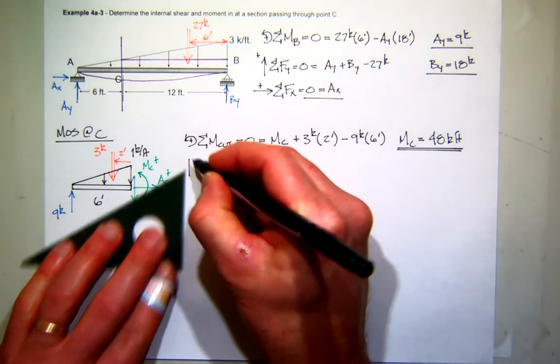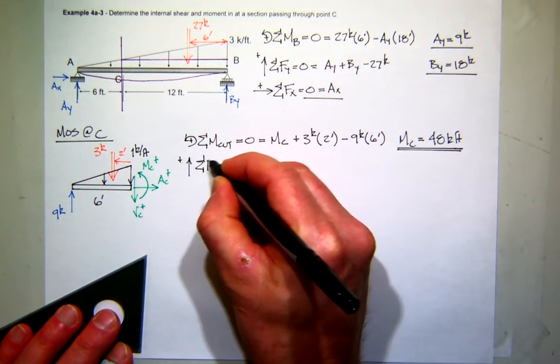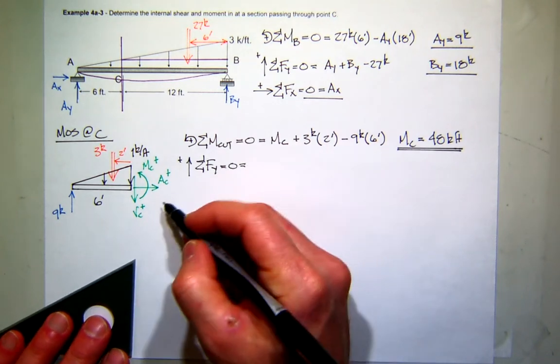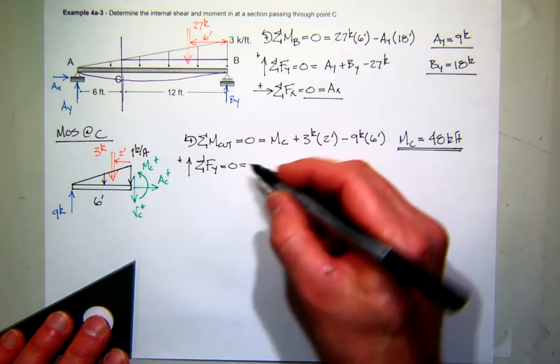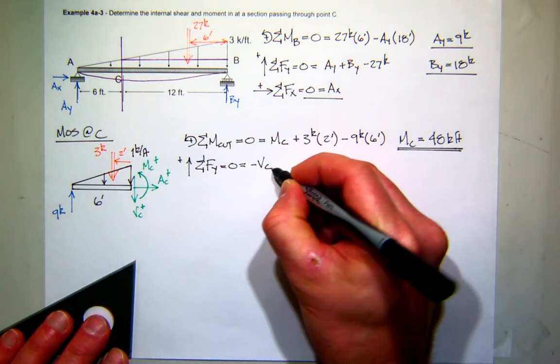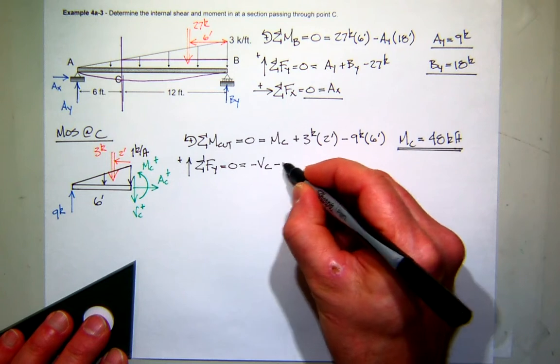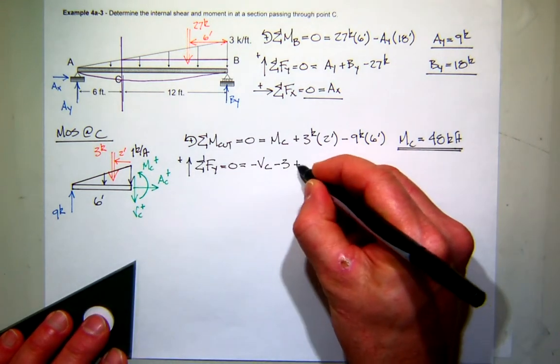All right, let's finish up by looking at our shear force. So we just sum forces in the y direction. So starting here on the left side, I've got the shear at C, and it's acting down, so that's going to be negative. And our 3-kip force is acting down. And our 9-kip force is acting up.